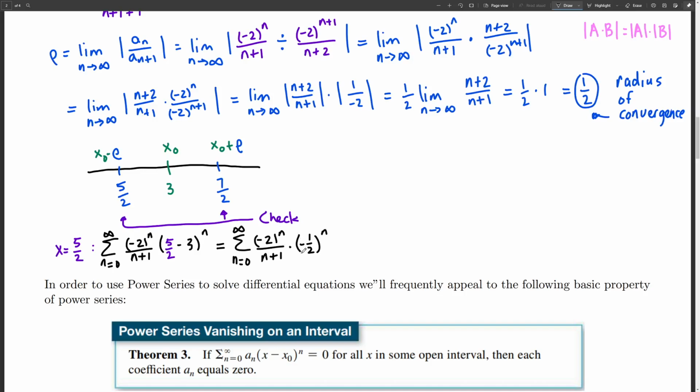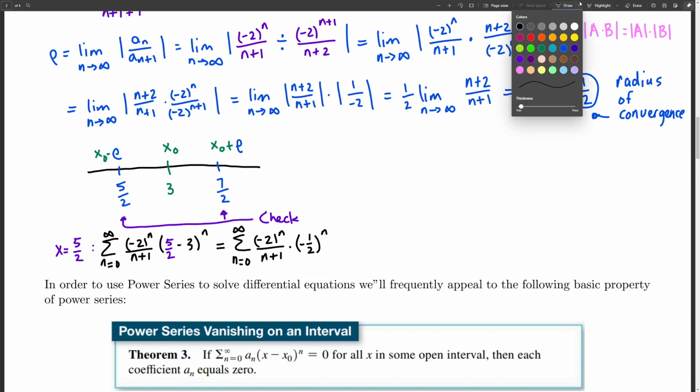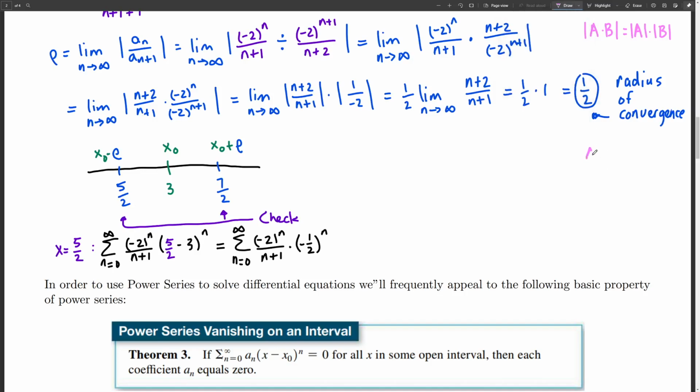And when you multiply these two expressions, we can use the following rule for exponents again, that if you multiply a to the power n times b to the power n, that's a times b to the power n. And so -2 times -1/2 gives us 1.